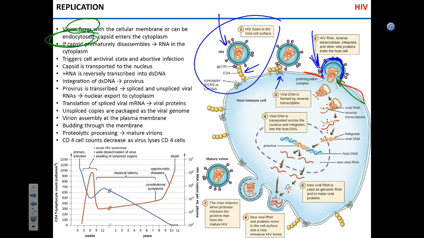Capsid gets disassembled, okay, releasing RNA, viral RNA, into the cytoplasm of the CD4 cell. Now, interesting thing, if it happens too early, cell can detect viral RNA, which is pathogen-associated molecular pattern.